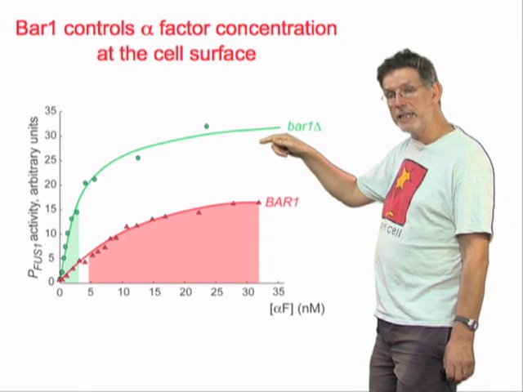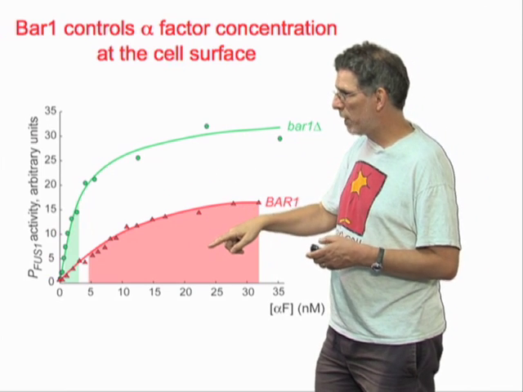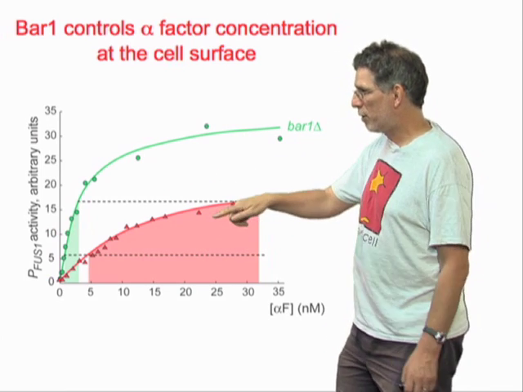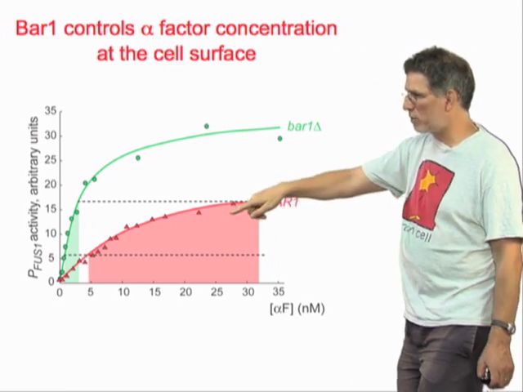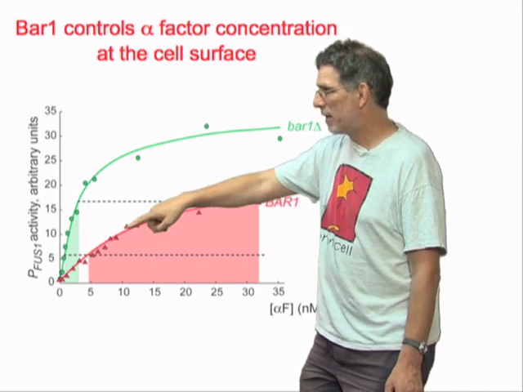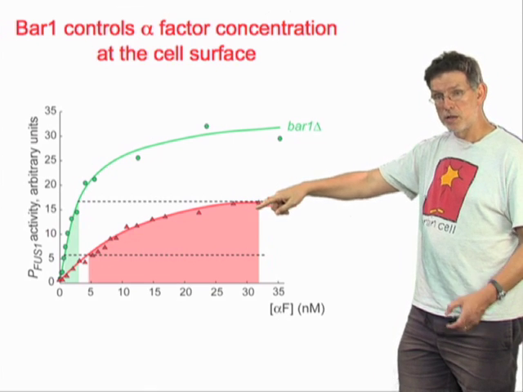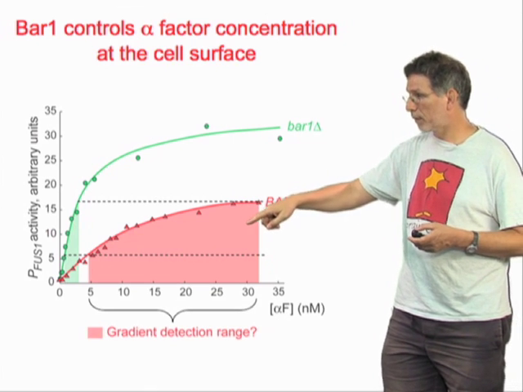That means they see less alpha factor at their surface. And in particular, if we draw this line out, that predicts where they will detect gradients. They ought to start detecting gradients at this pheromone concentration down here, and they still ought to be able to detect them all the way out here. So we can ask, is that true?